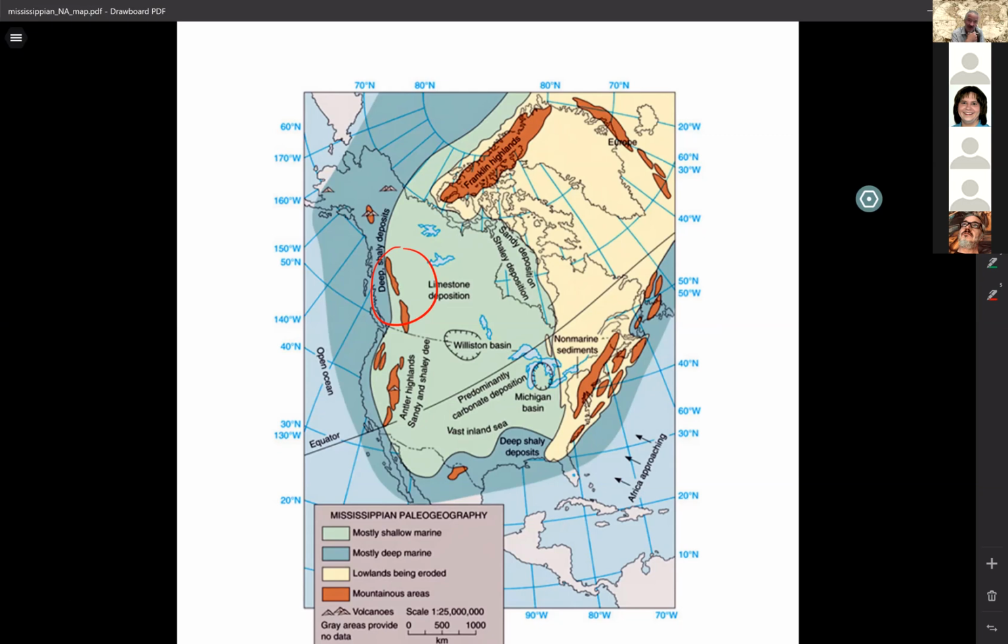The red circle is where Alberta is. That's the Western Canadian Sedimentary Basin, and you can see the Williston Basin rather conservatively indicated here. It's probably a little bit bigger than that, but those are the basins we're interested in in Western Canada.